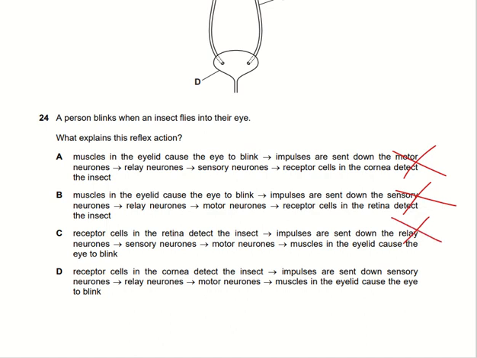No. Firstly, the cornea is involved with this particular reflex action. Receptor cells in the cornea, which is present in front of the eye, detect the insect, and then the impulses are sent towards the brain through sensory neurons, then the relay neurons, and then the motor neurons, and then the muscles in the eyelids cause the eyes to blink. So option D here is the right one.